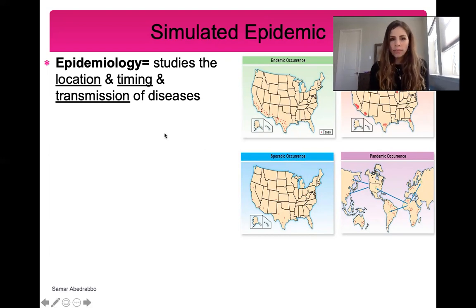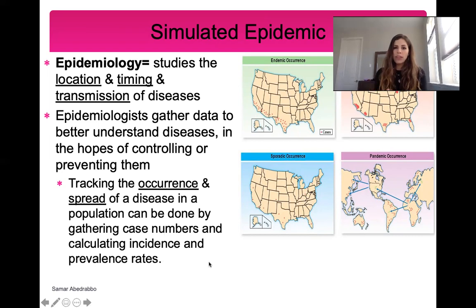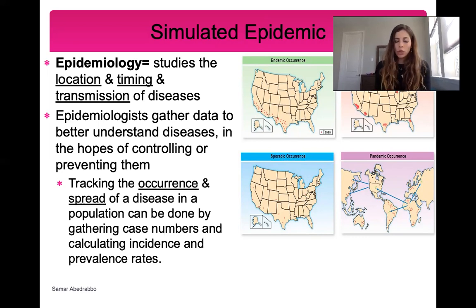Epidemiologists gather this data to come up with a good way for all scientists to tackle an outbreak together. Microbiologists, scientists, medical doctors, and all the healthcare workers take all of this information so that we can better understand the disease, with the goal of controlling or preventing its spread.